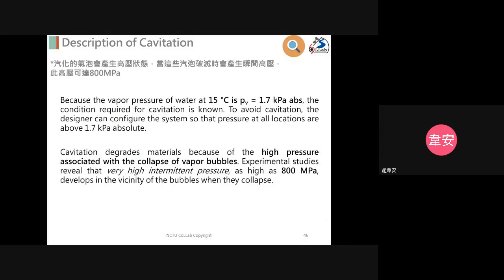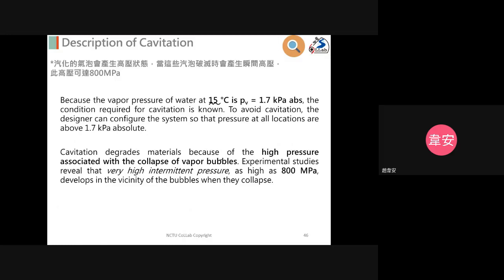As we know, we call that cavitation. The sentence right down here tells you that your environment pressure is lower than the vapor pressure at a certain environment temperature, say 50 degrees.